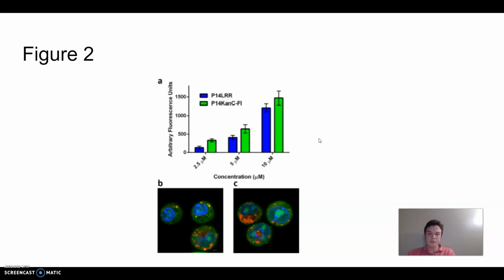This is interesting because the P14LR peptide is known to localize to mitochondria within cells. This just shows the importance of having the reducible linker within the P14-CanS conjugates. So the P14LR peptide can dissociate from the kanamycin and localize to the mitochondria.